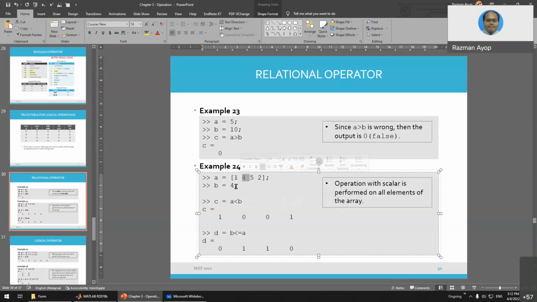Is 4 less than 4? No, because 4 equals 4. Unless it is less than or equals to, then it is correct. But just less than, it is wrong. And 5 less than 4 is also wrong. 2 less than 4 is correct. So make sure you know how to do this.